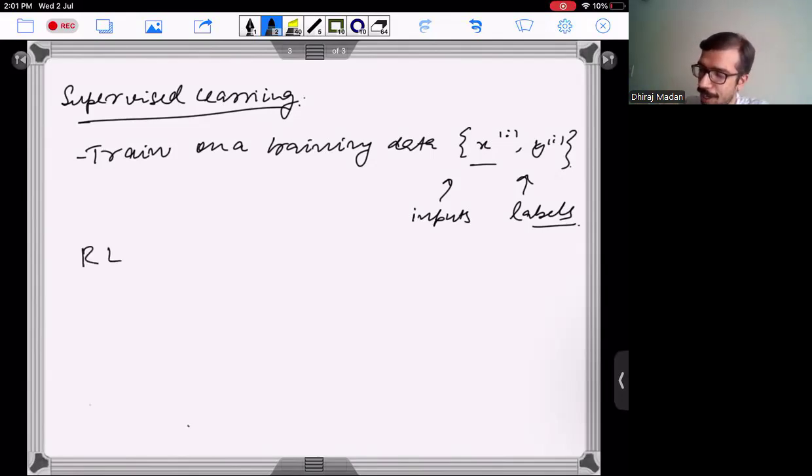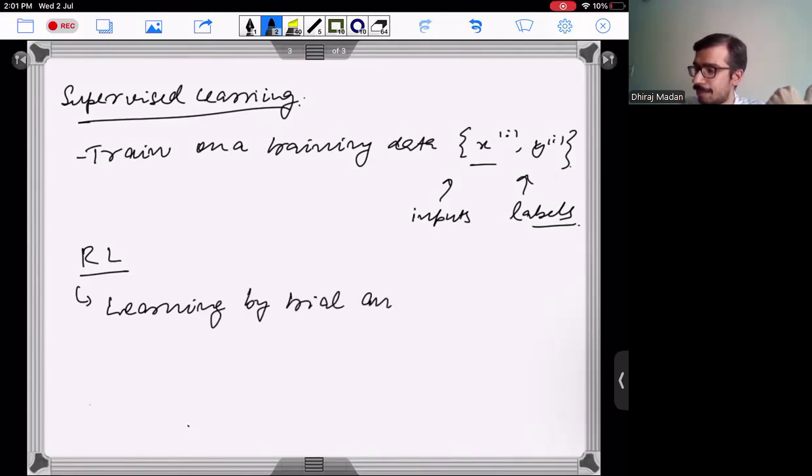So if I have to define reinforcement learning, one can think of it as learning by trial and error, and often there is a notion of a feedback or reward.